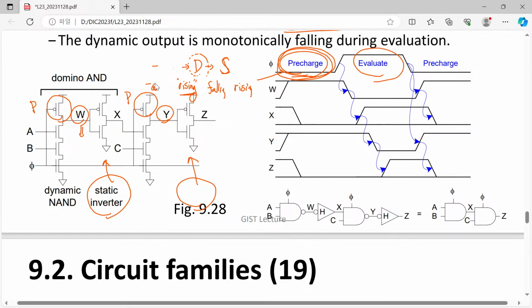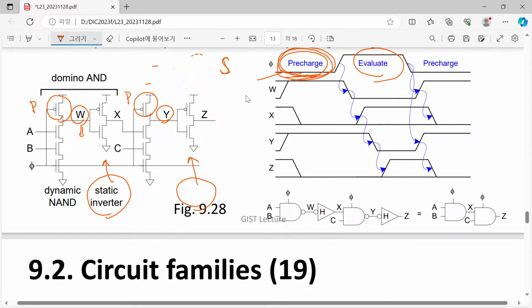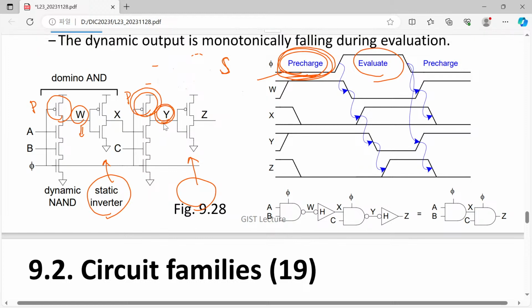So you don't have to make a serial consideration. Within this pre-charge phase, only a P MOSFET can charge a single output node. That is enough. However, in the case of this evaluation phase, what happens?